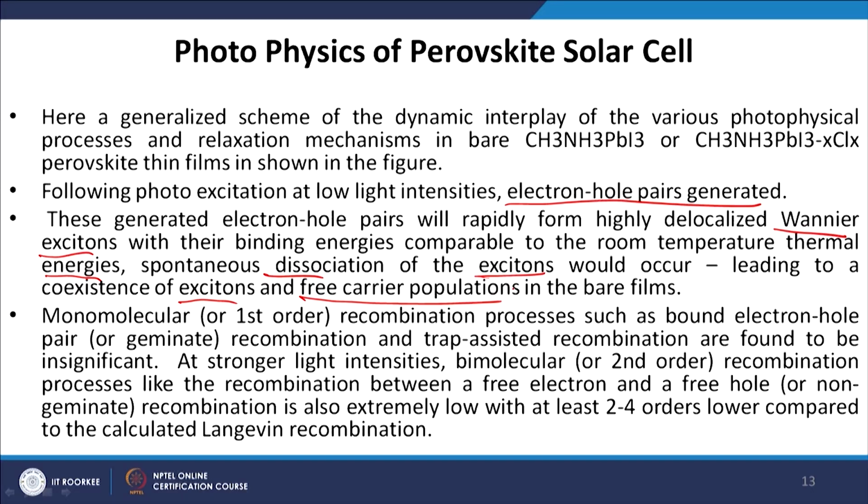So, geminate recombination and trap assisted recombination exist, but if you have a very uniform continuous, pinhole free film, then you do not have a lot of trap assisted recombination. That is why both the band to band or geminate recombination as well as trap assisted recombination are insignificant for this perovskite material.